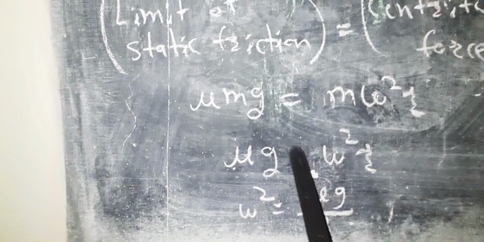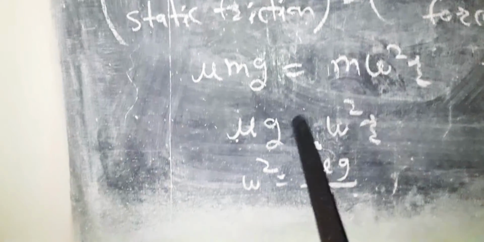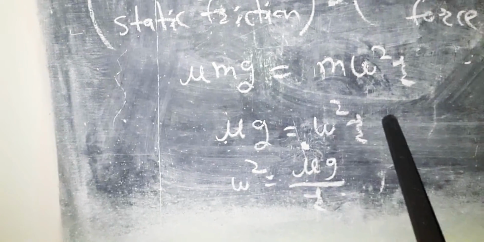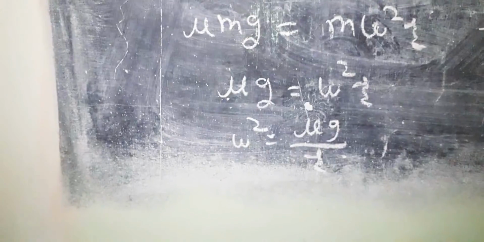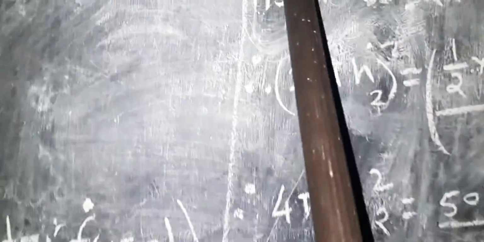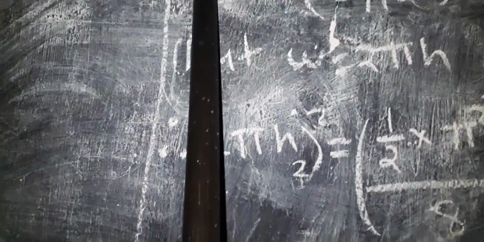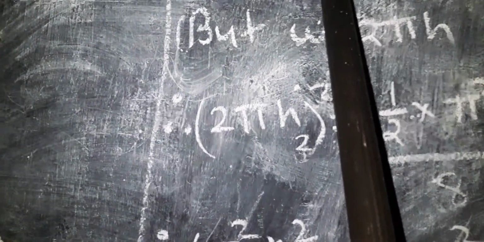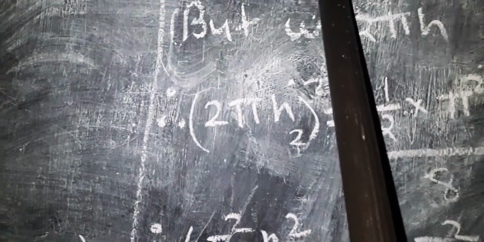So this m and this m get cancelled. So mu g is equal to omega square r. So we get omega square is equal to mu g upon r. In place of mu we write 0.5, we are given the value.